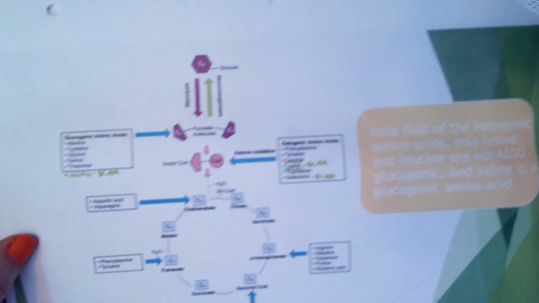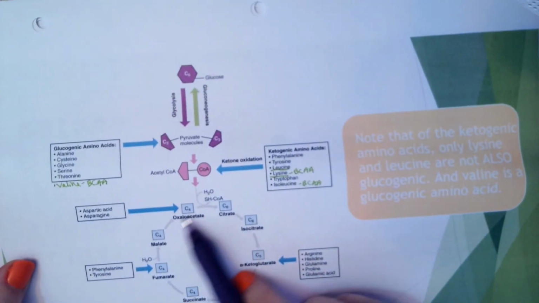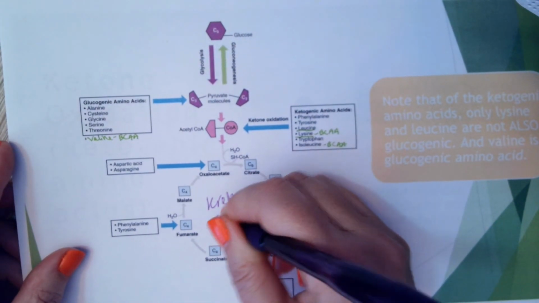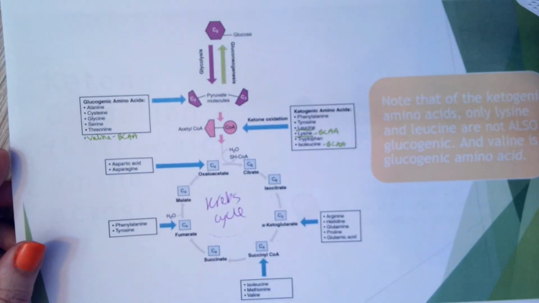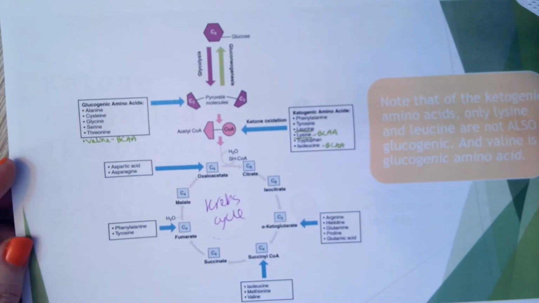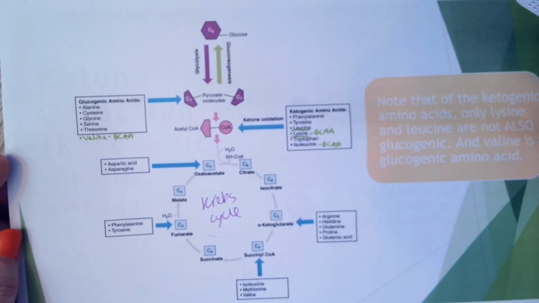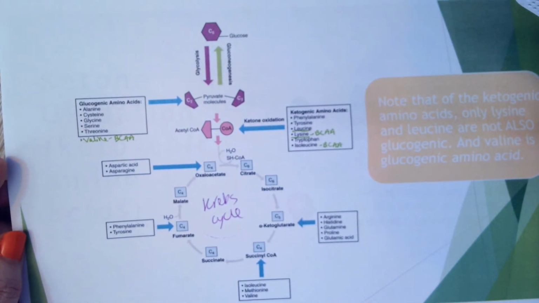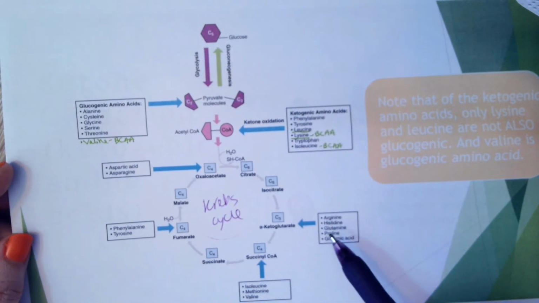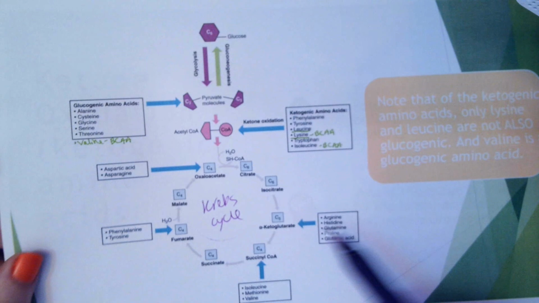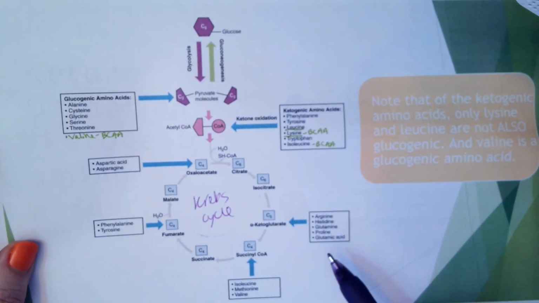Okay, now this is showing the Krebs cycle. But it's not showing it from an oxidative point of view. It's showing it from a ketogenic versus glucogenic versus both amino acid sort of situation, and where they go into the cycle, or where they feed into the cycle, each specific amino acid.